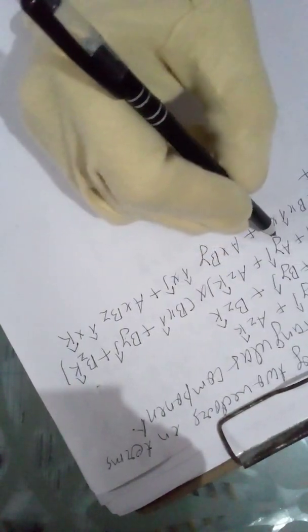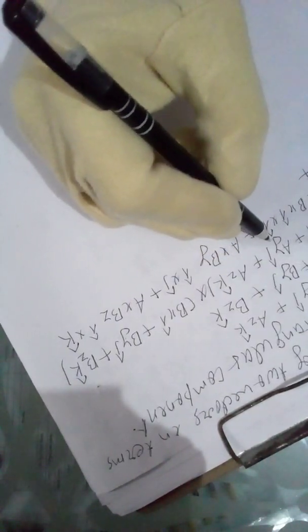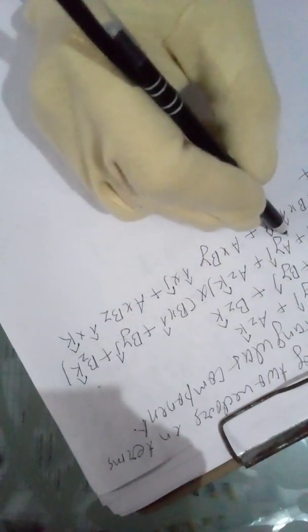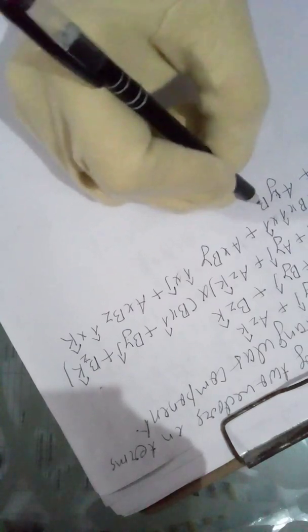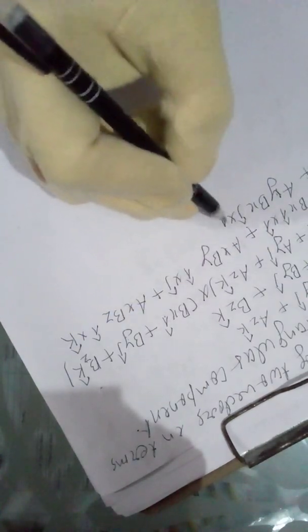Now take the second term of the first bracket, ay j, and multiply with the first, second and third. Sign plus, coefficient ay bx, then unit vectors j cross i.